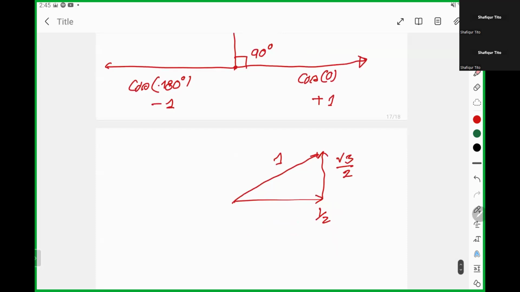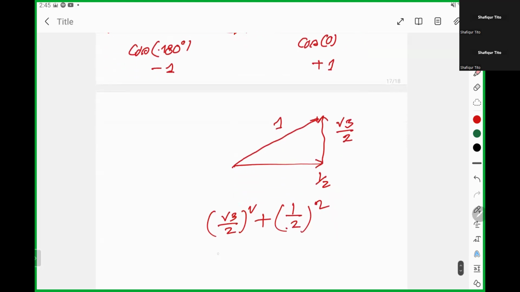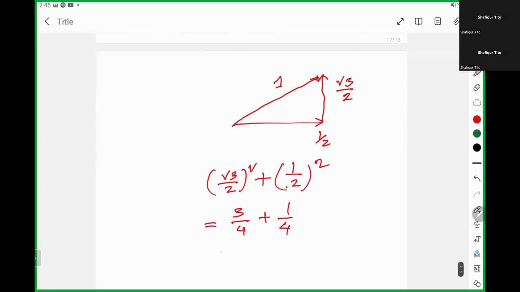So how can I get this one? It would be root 3 by 2 squared plus 1 by 2 squared. That will give me 3 by 4 plus 1 by 4, and that will give me 1, right? So that is from where we are getting the 1.